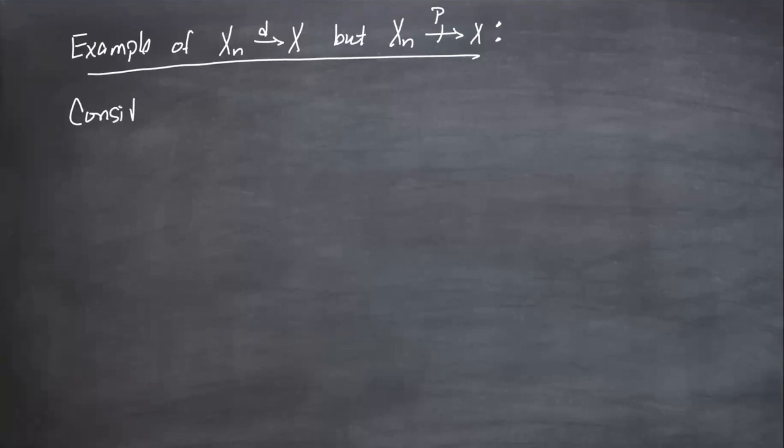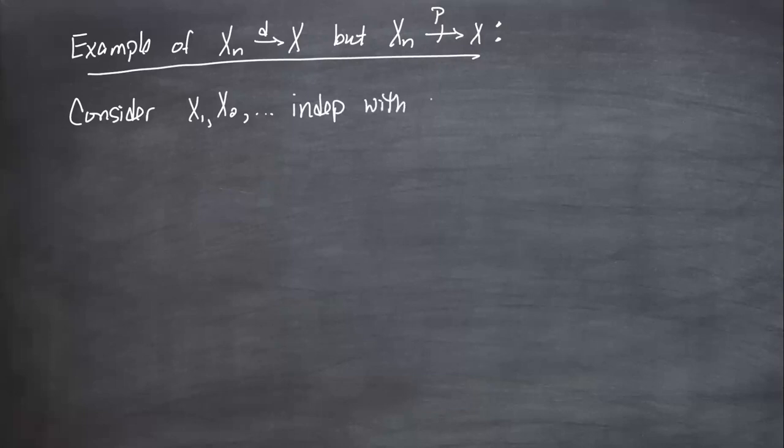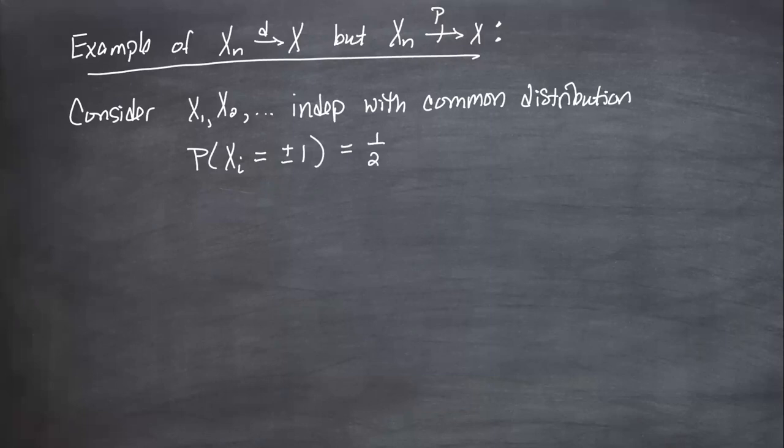Consider a sequence of random variables, X1, X2, etc. IID, so independent with a common distribution. I'm going to make this a very simple distribution. I'm going to let the random variables only take on the values -1 and 1. So the probability that Xi is equal to plus or minus 1 is going to be 1/2.